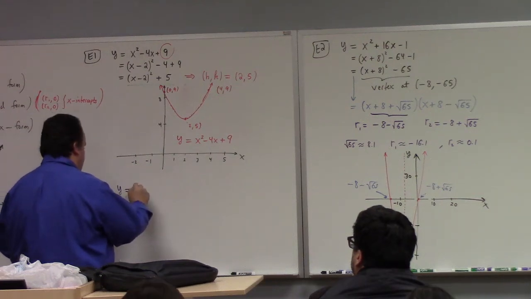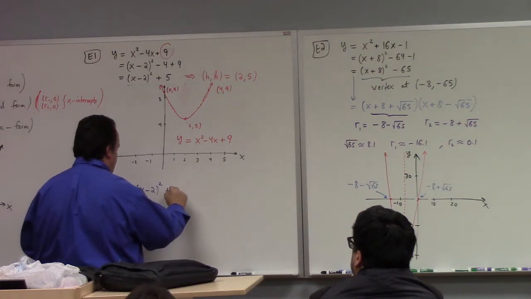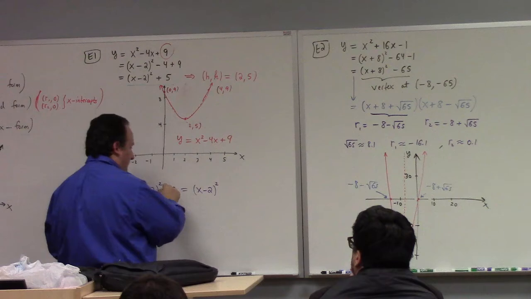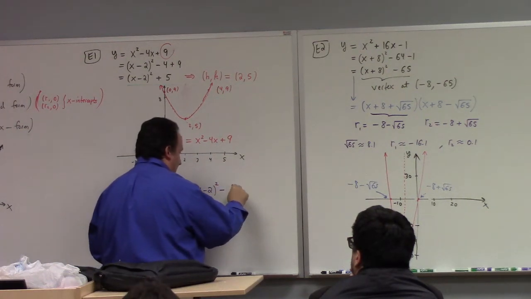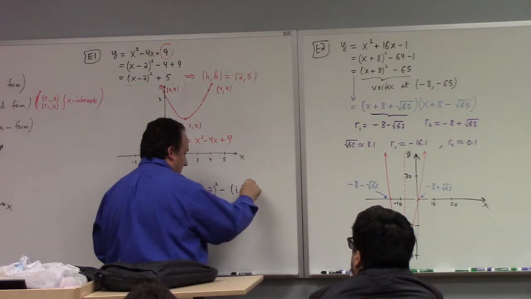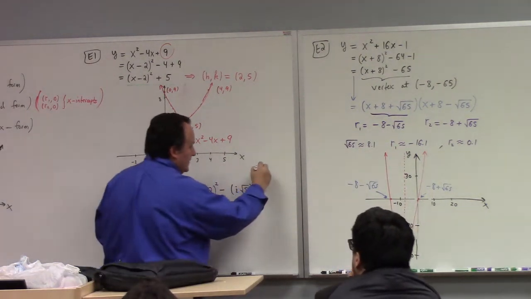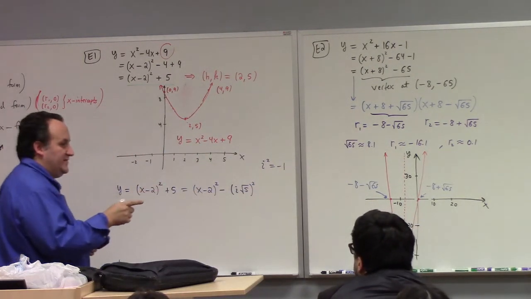Oh, yes. So this one here, by the way, the factored form looks like this, right? Let's just take a second and appreciate what that would look like. I can rewrite 5 as minus parentheses I times the square root of 5 squared, because I squared is minus 1. I'll come back to your question in just a second.